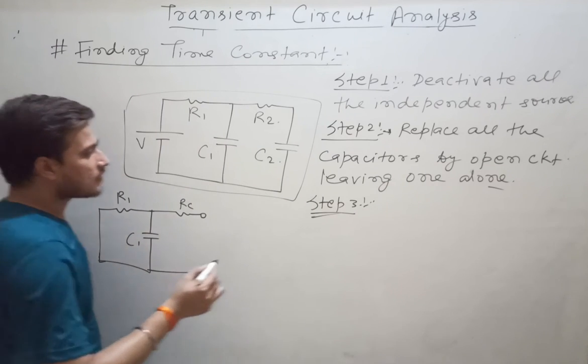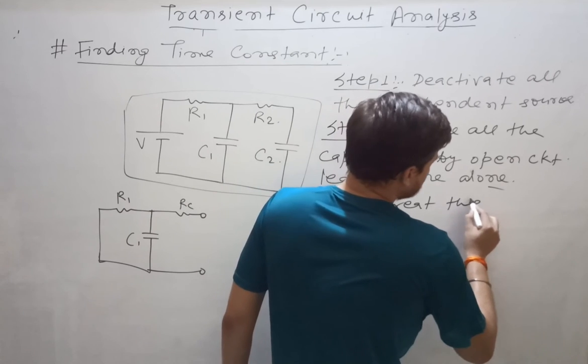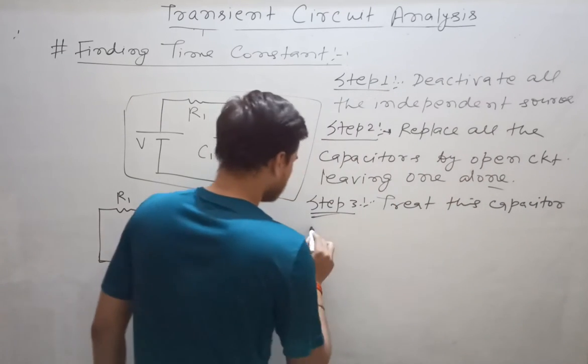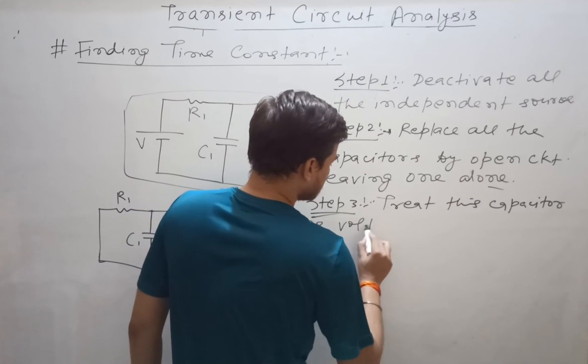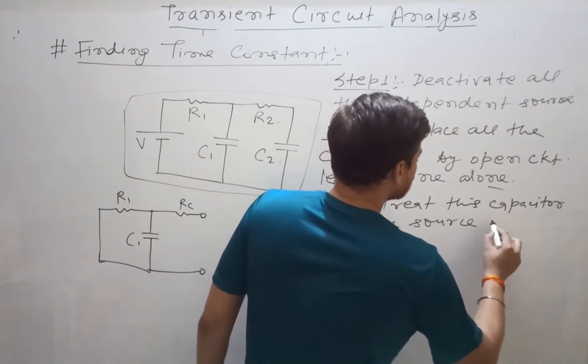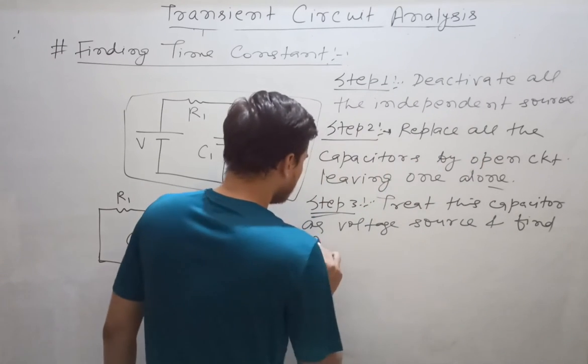Step 3: treat this capacitor as a voltage source and find R equivalent.